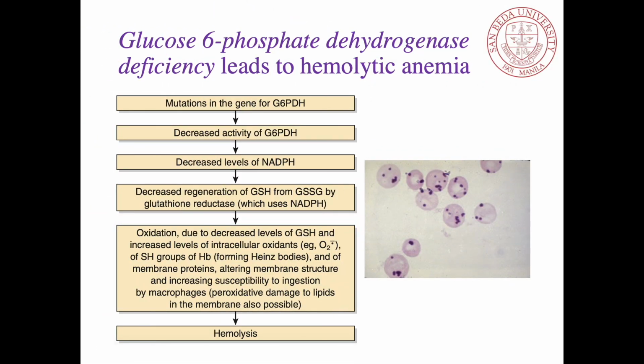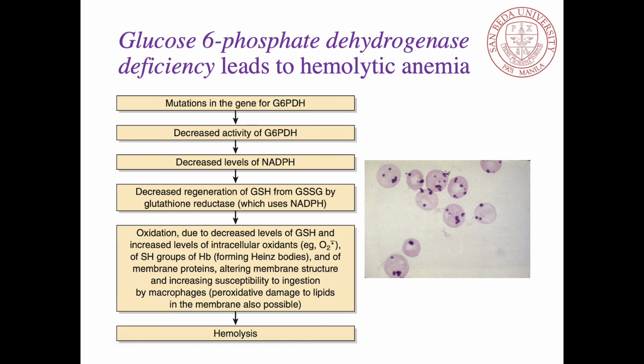G6PD deficiency comes about because of mutations in the G6PD gene, resulting in decreased activity of said enzyme. As I mentioned earlier, reduced activity of G6PD leads to decreased formation of NADPH and a decreased degree of reduced glutathione regeneration. Take note of the image beside the flowchart on this slide.